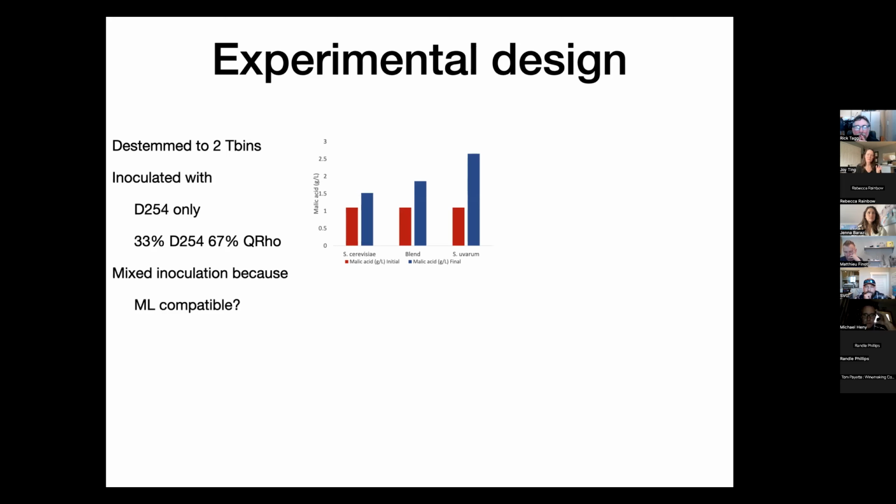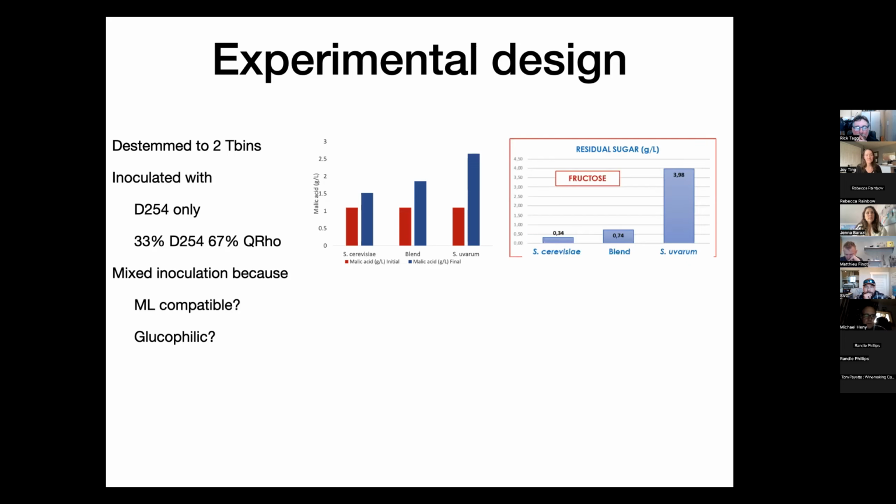One of the studies done through Fresno State, sponsored the year before, had some trouble getting through malolactic. So Joshua, who was in charge of the trial at the time, recommended that we do this split, with the hope that whatever was getting in the way wouldn't get too much in the way. The other idea was that some data had come back that it was glycophilic and was leaving some residual sugar.